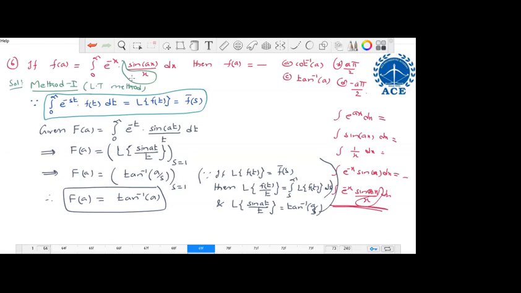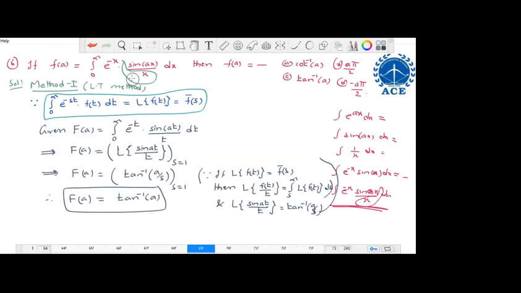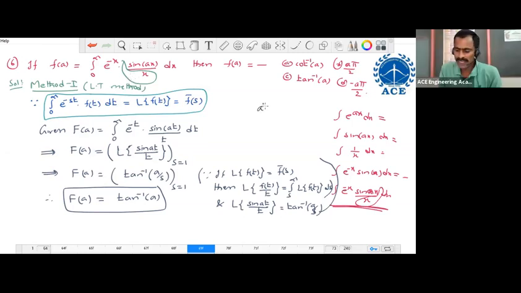Sir, the substitution you told, I could not hear. If any integral is in the form of a square plus x square, then we use a trigonometric identity: secant square theta minus tan square theta equals 1, because if we shift it to the other side, we get 1 plus tan square.